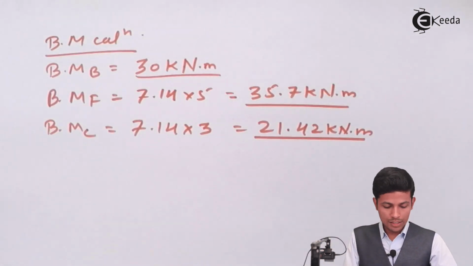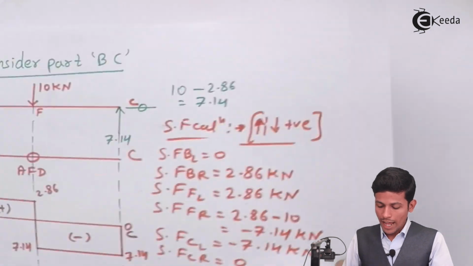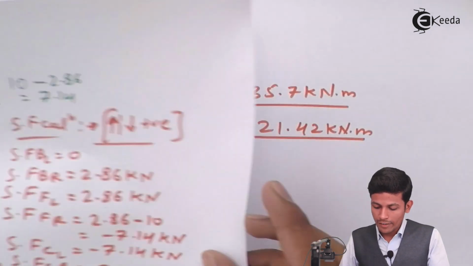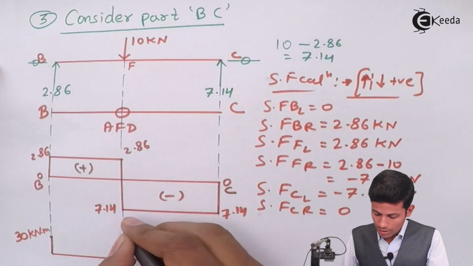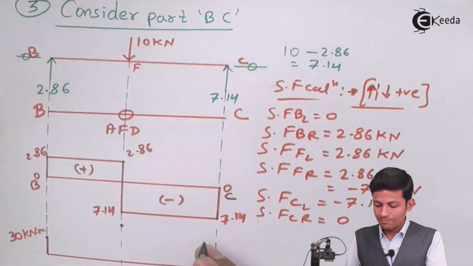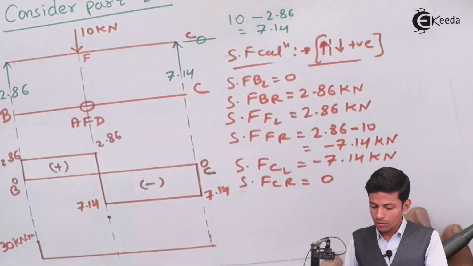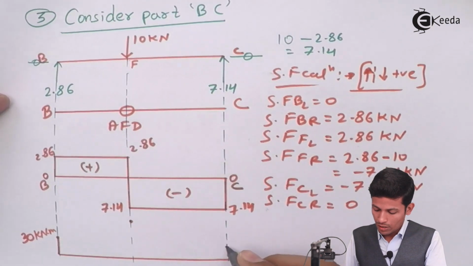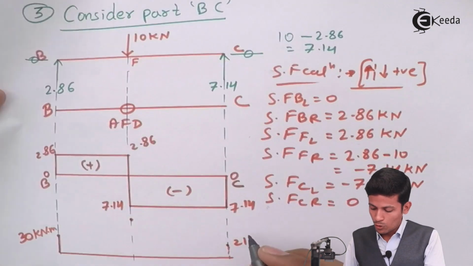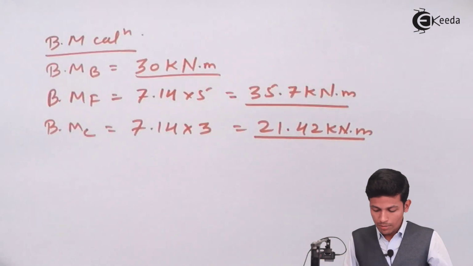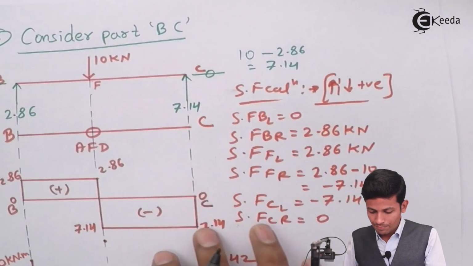Now draw the diagram. At F the bending moment will be 35.7, which comes over here, and at C the value is 21.42.